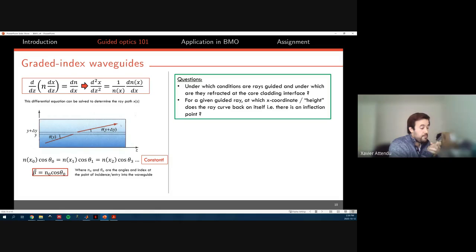So a hint, the answer to that question is partially in the second question right afterwards. So how can you guarantee that the light will always stay inside the core, that it will never leave into the cladding?